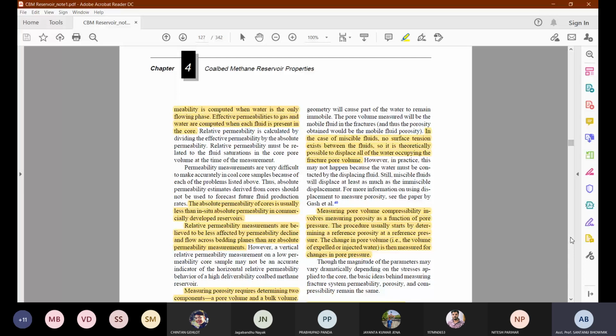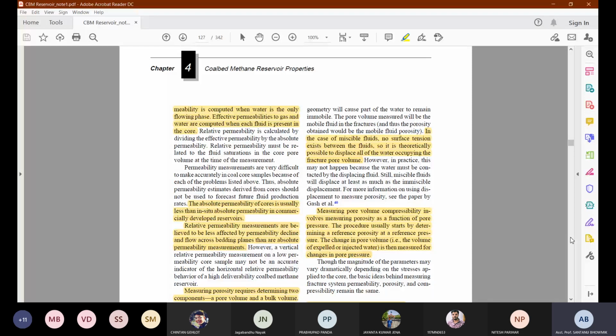So this porosity is also going to dictate. The permeability and the flow are going to be dominated by both the fracture porosity and the fracture permeability. So obviously these two are the main parameters to decide.